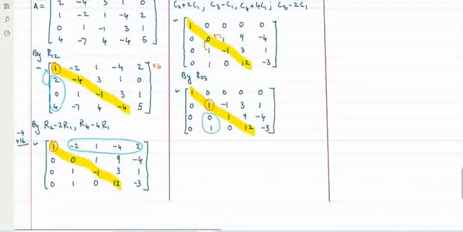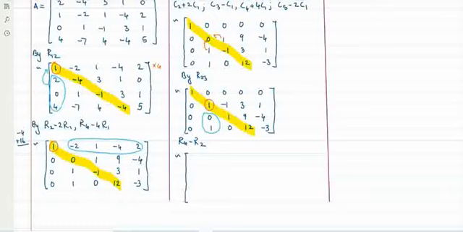Suggest the transformation. R4 minus R2. So the new equivalent matrix changes for the fourth row only. First three rows, no change. 1, 0, 0, 0, 0, 0, 1, minus 1, 3, 1.